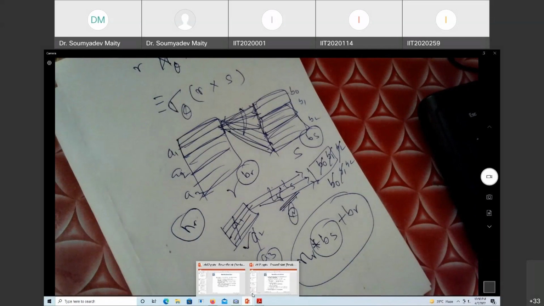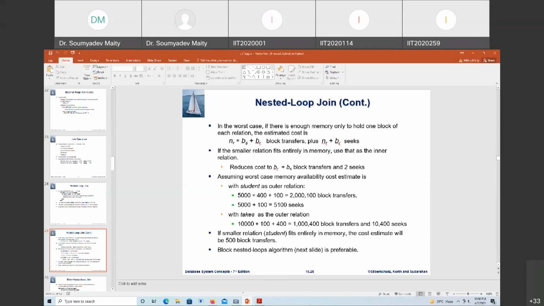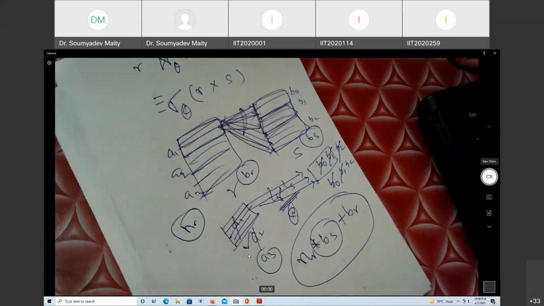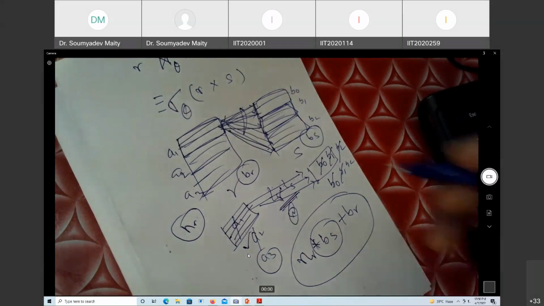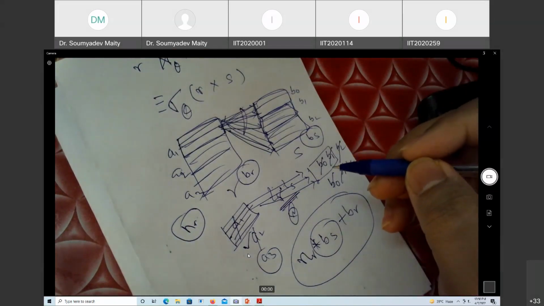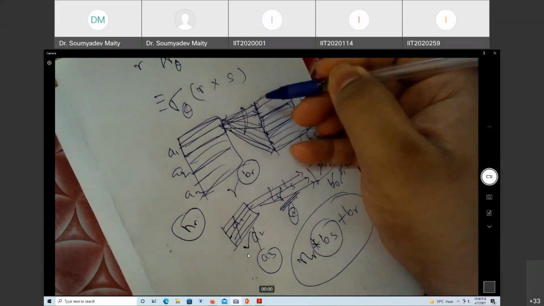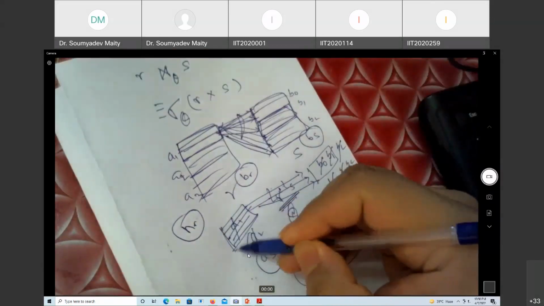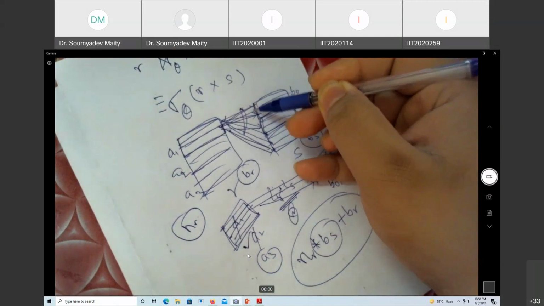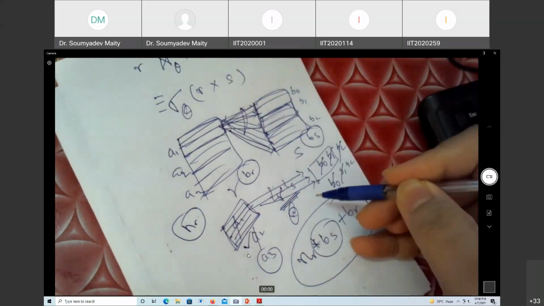Total number of arm movements is NR plus BR. Why? Because see what we are doing. When you are keeping the first block here, you need to scan through this entire file.